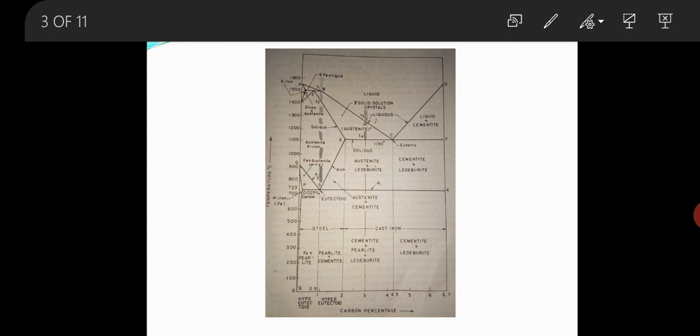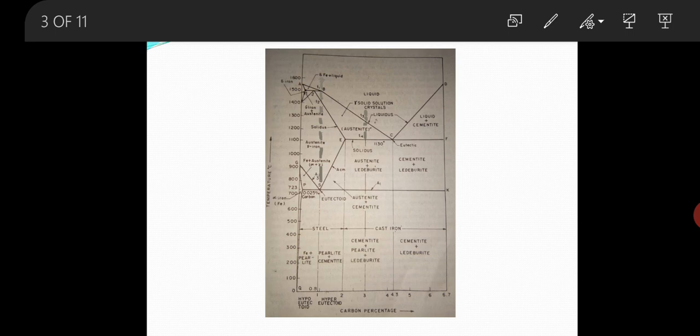From this diagram, from A to B, you have to note certain points. At point B, the percentage of carbon is 0.8 and the temperature is about 1485. So HJB is a straight line and the temperature is 1485.